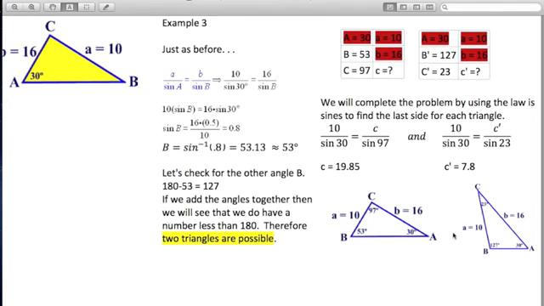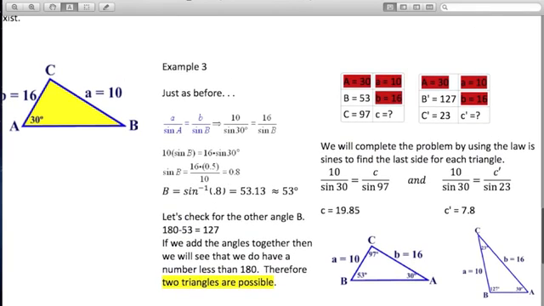All right? Recap. There is a possibility of two triangles like this. The way we check, we say 180 minus the angle we find. And if we take that value, for B prime, and add that number to the original angle, if that number is less than 180 degrees, then there exists a second triangle.